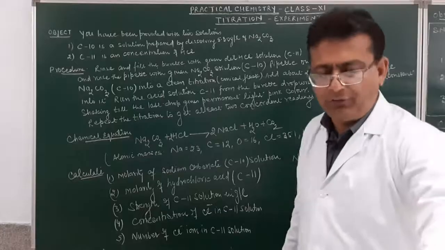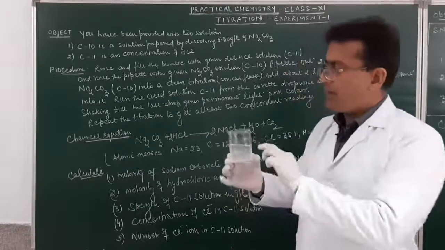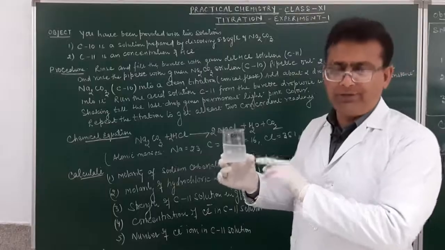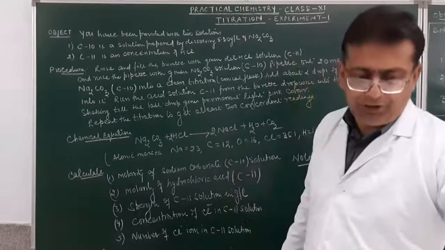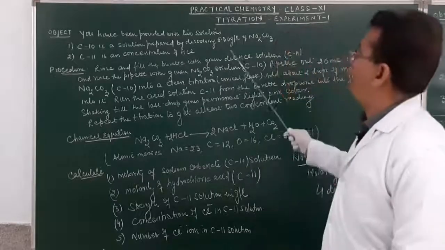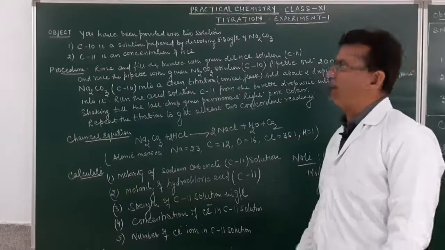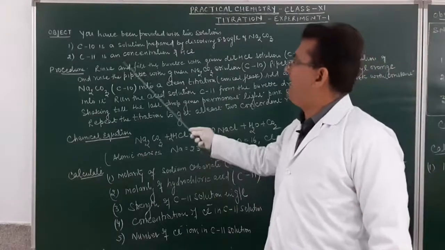One will be the solution of sodium carbonate. This is C10, student. How have we prepared it? By dissolving 5.30 gram of sodium carbonate in a liter of solution. Then we have C11.